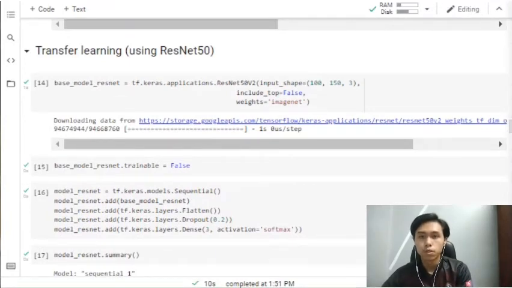In our project, we use two types of pre-trained application models to find the higher accuracy, which are ResNet 50 and Inception V3. ResNet 50 is used to learn from a 50-layer deep learning network to find the accuracy.